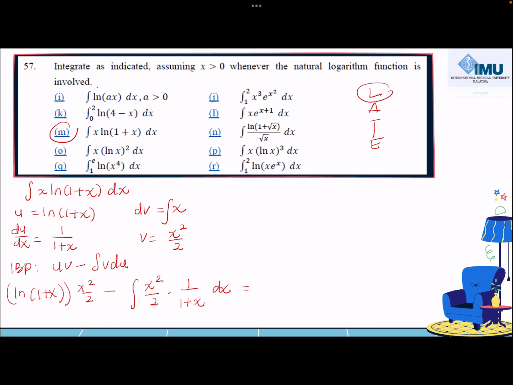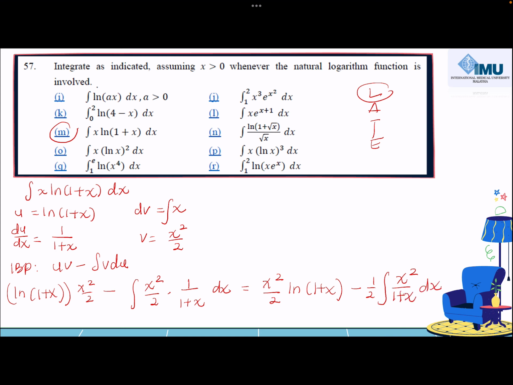Now let's simplify these equations. I will have x squared over 2 ln(1 + x) minus, now I have 2 here where I can put the constant outside of the integration, where I'm left with only the integral of x squared divided by (1 + x) dx.